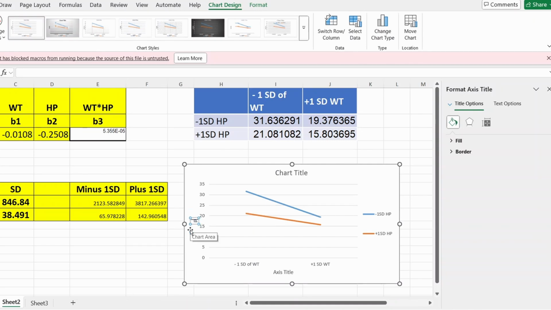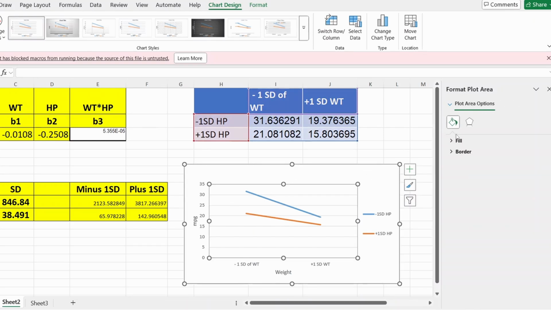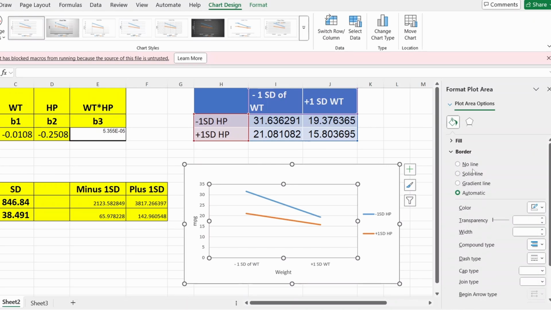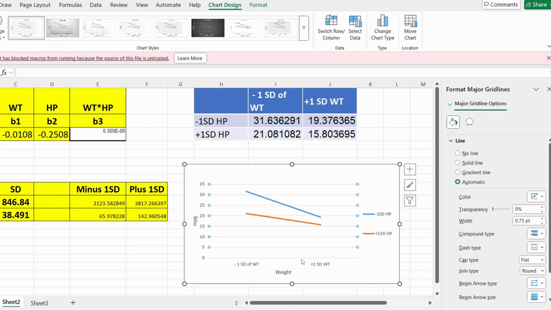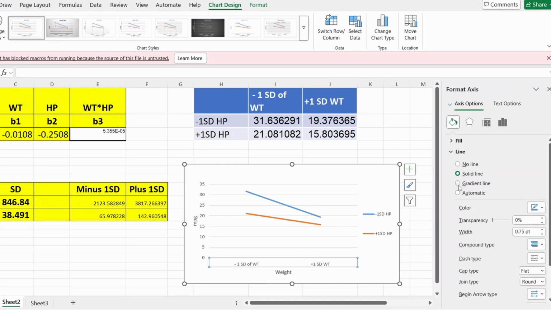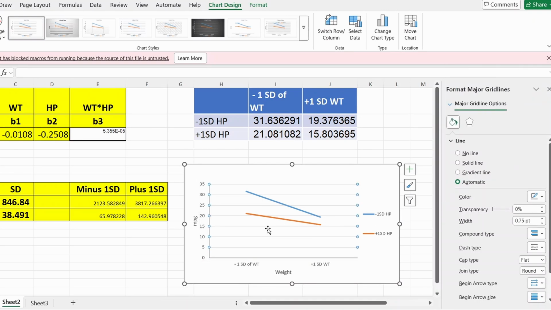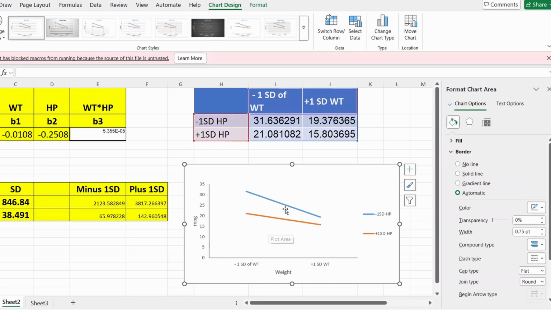This is the MPG, and this is the weight, and then we do not need a title. Make this a solid line, no border, black color. This also a solid line, black color, and we might not need this.